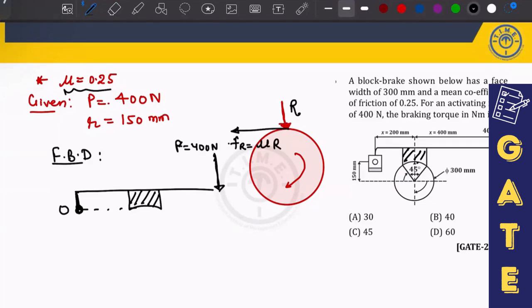Yes, right side only, just apply Newton's third law. So this is Fr, which is mu into R. Now, if this is R, this will again be the R only.